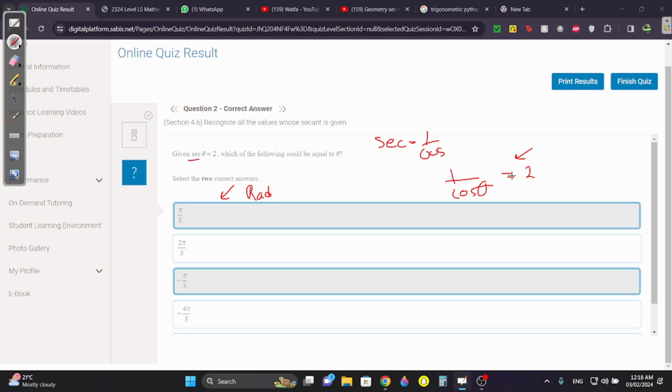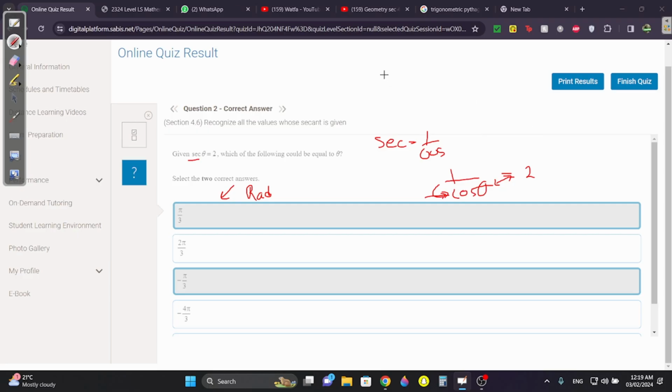Mine can't. So you have to sort it out in a way where you get no fractions. We're trying to solve it so that you make cosine theta up. You can't have it down. You're not allowed to have it down.